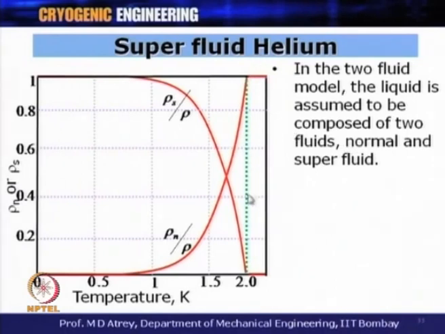So, on the left side of the lambda point, what you have got is some normal fluid and some superfluid. As you go on reducing the temperature to 0 Kelvin, what you got is all superfluid. As you go up to the lambda point, what you got is all normal fluid.